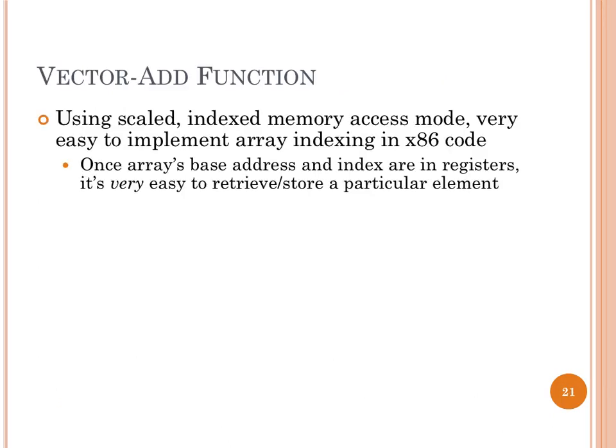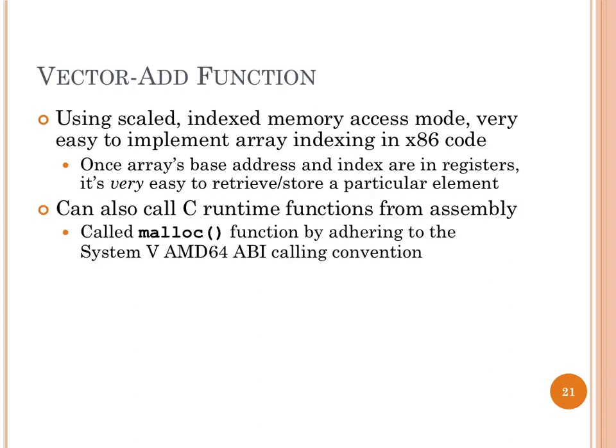Okay. So hooray, let's look at how cool we are. We used scaled indexed memory access to implement this code, and it was really easy because the processor does so many things for us. I mean, we're not even talking about a load-store architecture, forget about it. We can just stuff the base addresses and indexes into registers, and then off we go. Okay? We called a C standard library function by following the calling convention.